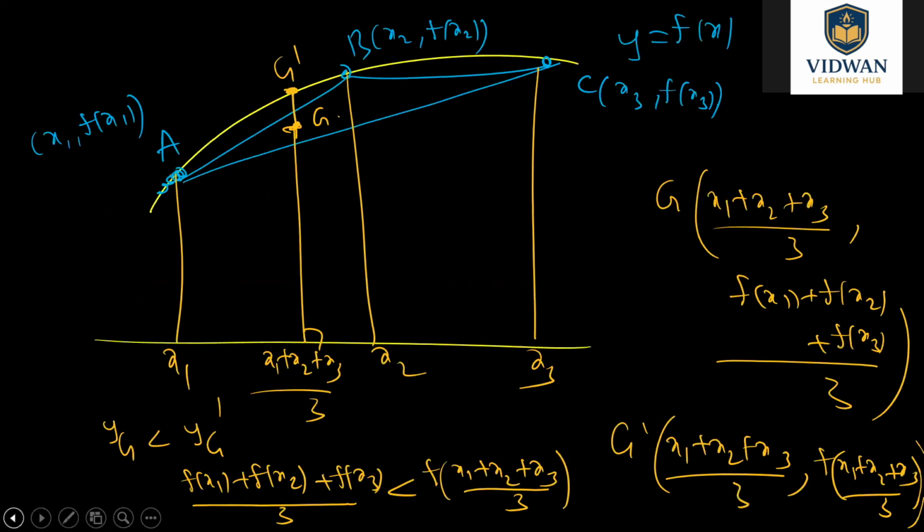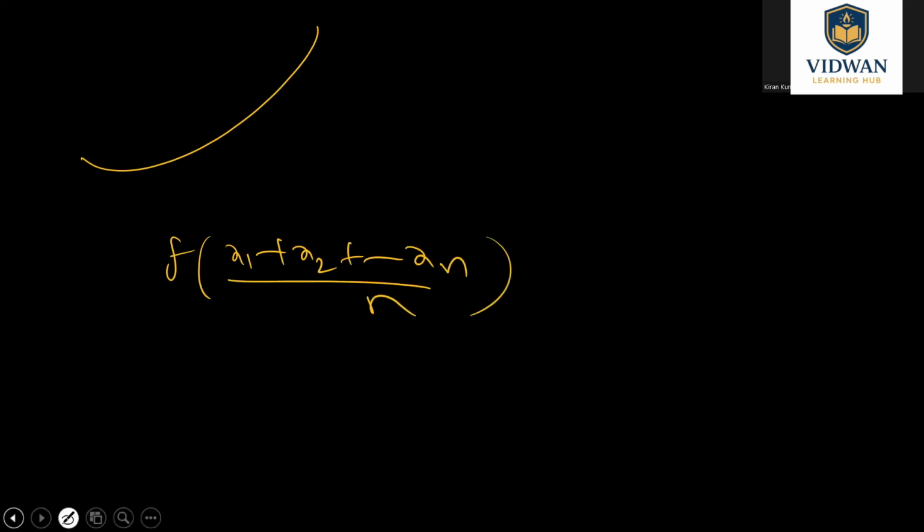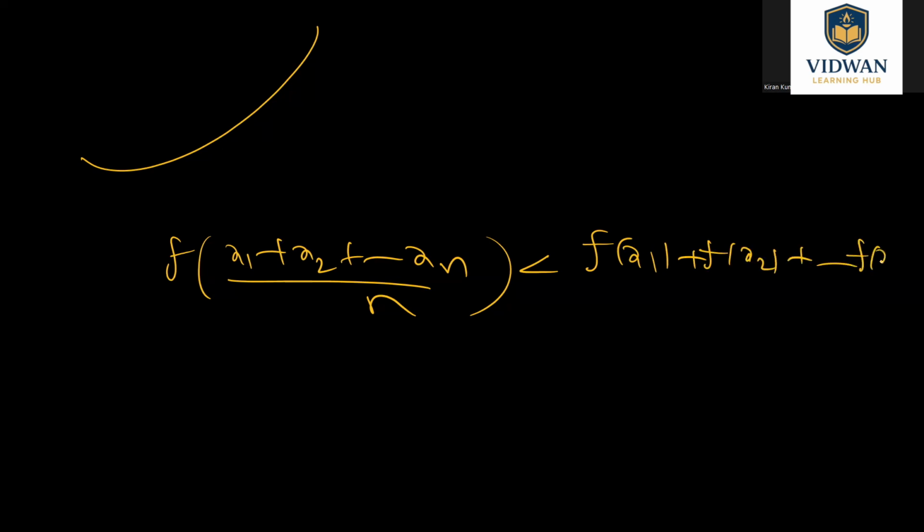So this result you got when you took it concave down. So if you are choosing it concave up, then the result will be reversed. You'll be getting it reversed like this.